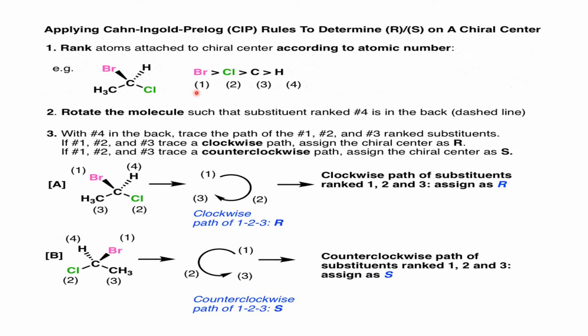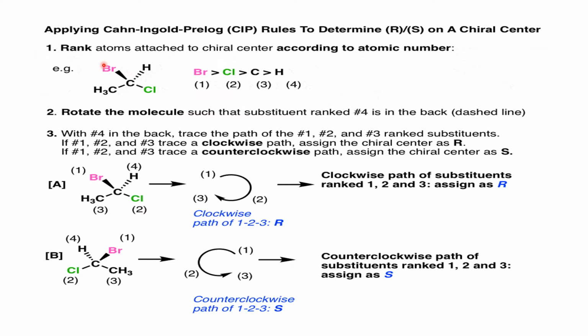After chlorine, we have carbon atom, atomic number 6, which is the third priority. And the atomic number of hydrogen is 1 and it is having the fourth or the least priority.